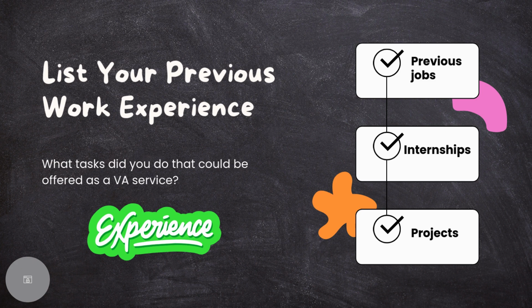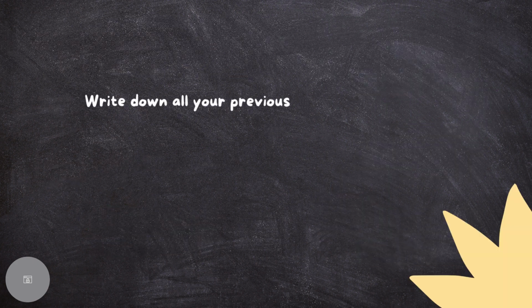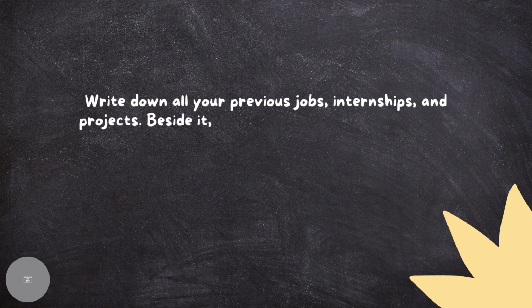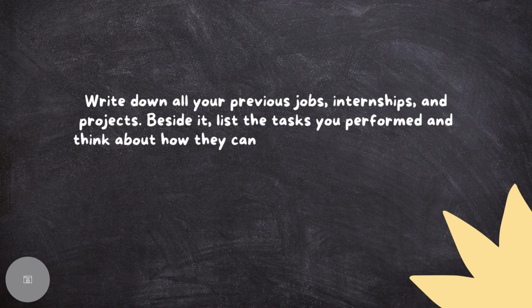What tasks did you do that could be offered as a VA service from these past experiences? Not just work, but in school as well. All right? Write down all your previous jobs, internships, and projects. Beside it, list the tasks you performed and think about how they can be turned into a VA service.